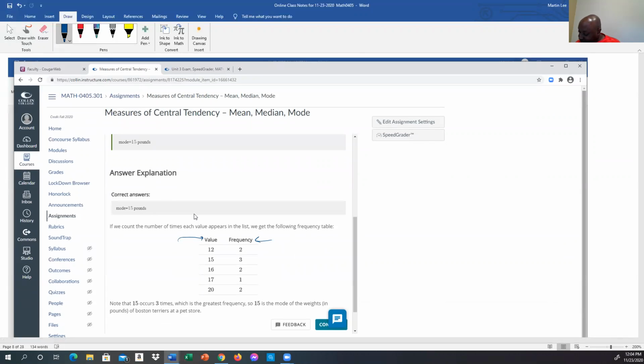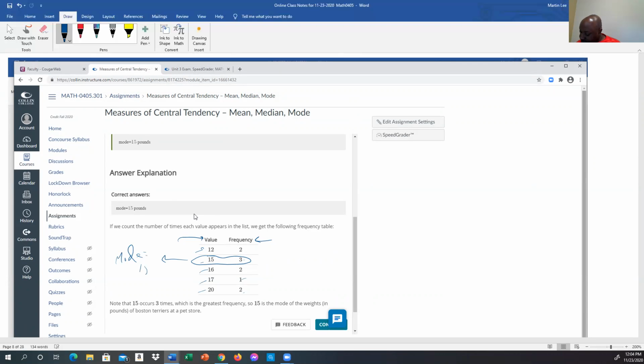So we can see that the value 12 appeared twice, 15 appeared 3 times, 16 appeared twice, 17 appeared once, and 20 appeared twice. So here 15 is the mode because it appeared the greatest number of times.